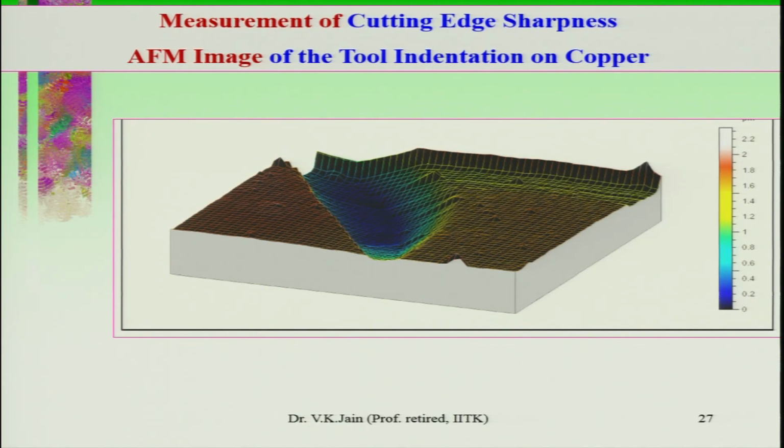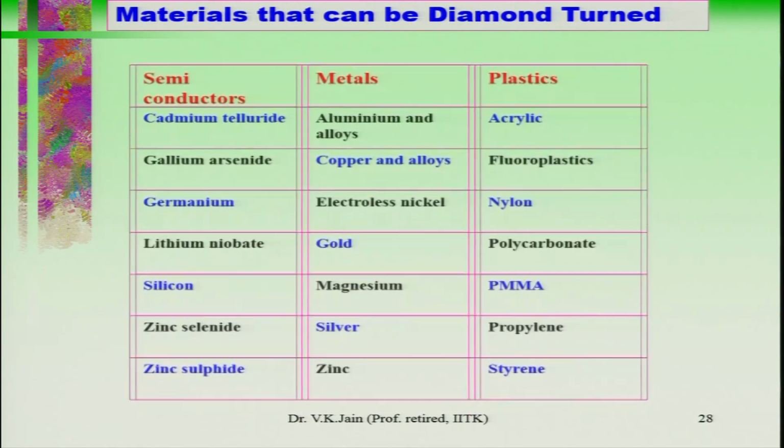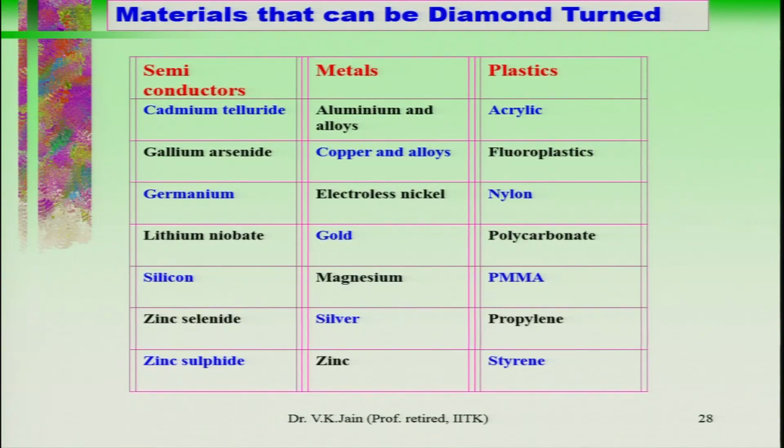So, all this has to be measured and maintained accurately before really mounting the tool on the shank and using it. So, depth of indentation around 500 nanometer over here, and this photograph was taken by Dr. Kishore of BARC, Mumbai.